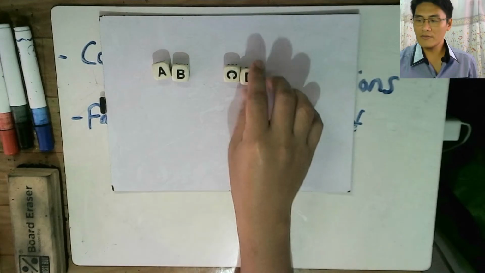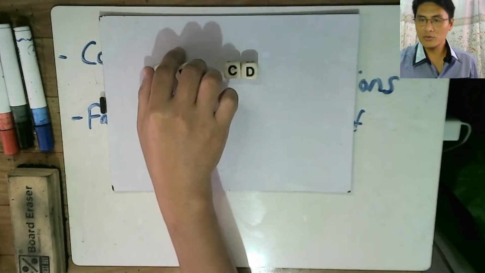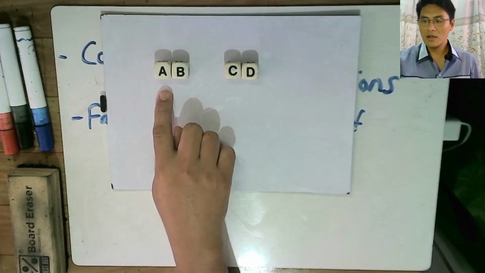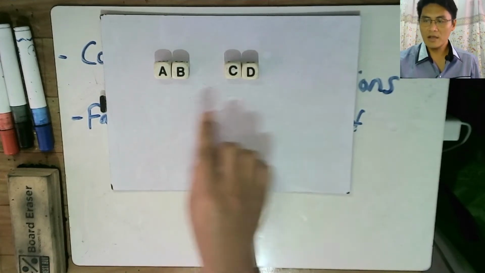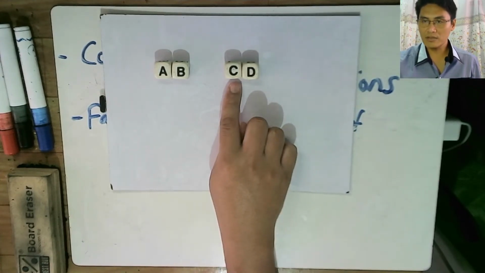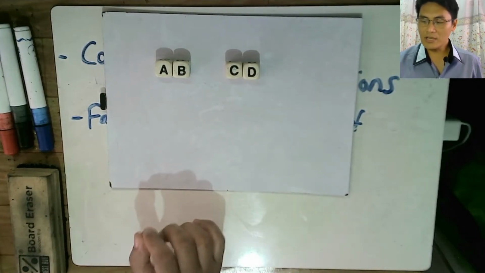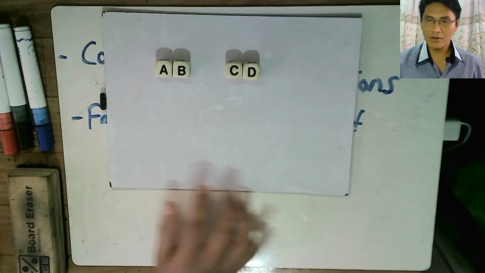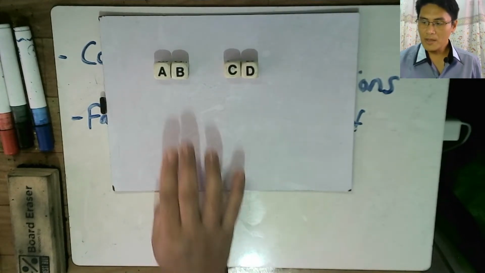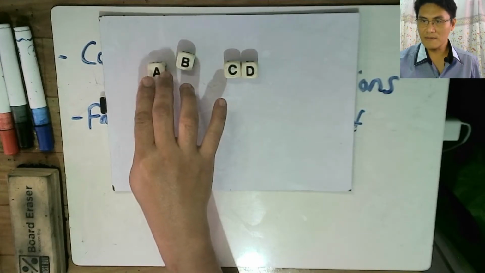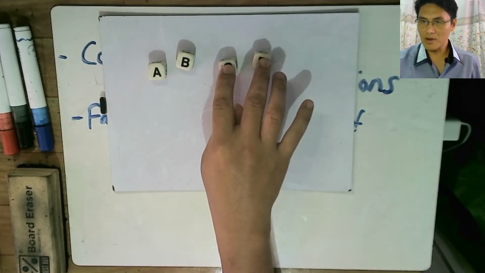where you have two reactants here. This is a compound composed of an atom A and an atom B, and another compound composed of the atom C and atom D. And in a chemical reaction, again, we say that it has to undergo three things. Number one, the reactants' bonds must break.